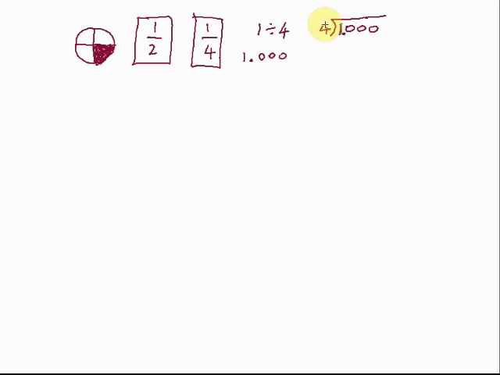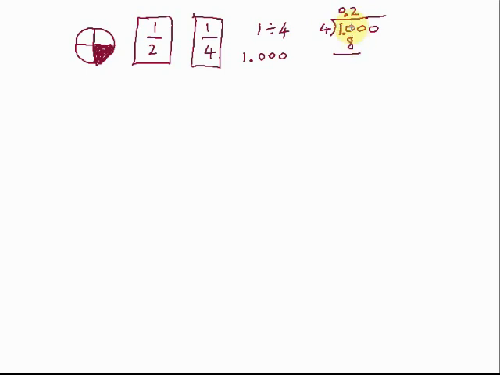Now 4 does not go into 1, so we put a 0 up there. Next to the 1 we've got a point, so we put the point in there. Now we go back and see if it goes into 10. Well, does 4 go into 10? Yes, it does, 2 times. And what are 2 4s? There are 8.